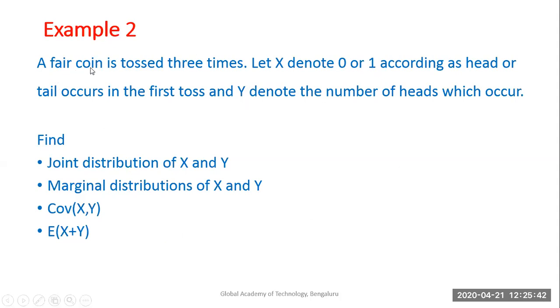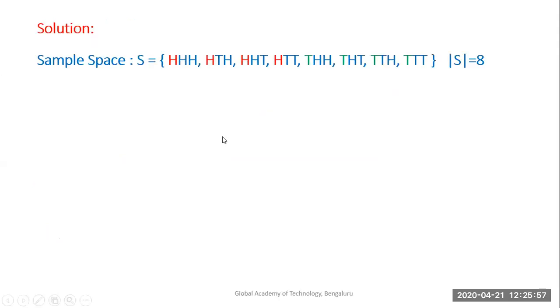Here, a fair coin is tossed 3 times. X is 0 or 1 according as you get head or tail in the first toss. And y denotes the number of heads which occur. So the sample space will be, since we are tossing a coin 3 times, there will be 8 possibilities.